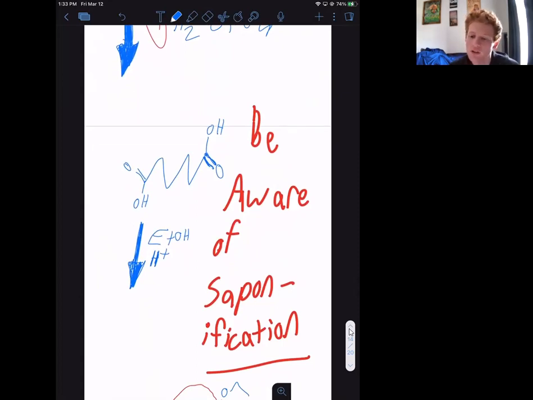Saponification is when you have fatty acids or any kind of, I immediately start thinking of biochemistry when I see it, because I think of fatty acids. So I'm going to draw a glycerol backbone. Well, tell you what, I'll just draw an ester.